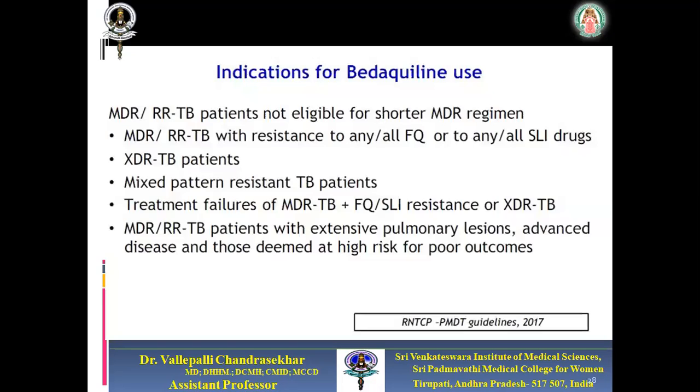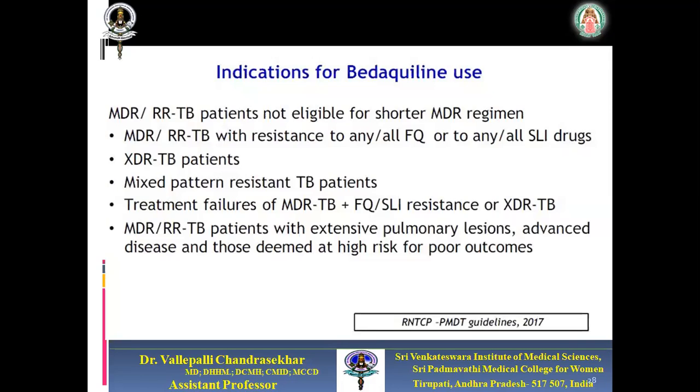So what are the different indications of bedaquiline? This is a newer drug, which is a game changer for MDR TB. MDR TB or rifampicin resistant TB patients who are not eligible for the shorter regimen. Then MDR or rifampicin resistant TB with resistance to any or all fluoroquinolones or injectable drugs.